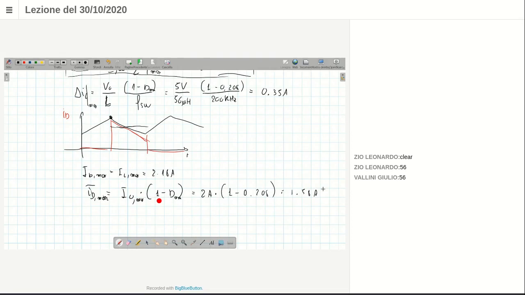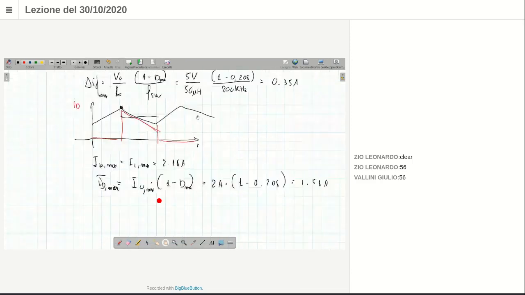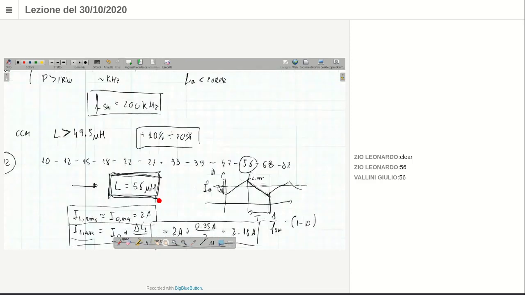What is the last thing that we have to choose for the diode? We have to choose the maximum reverse voltage that it should sustain.